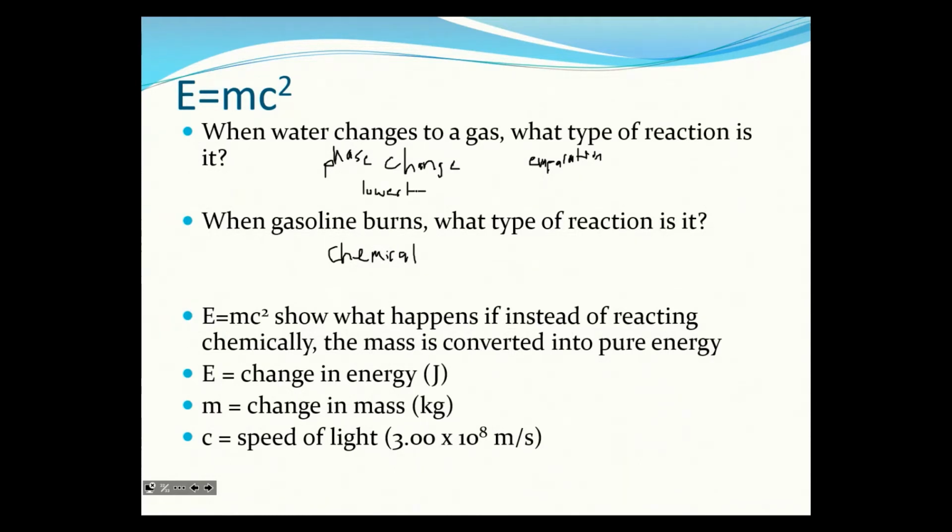Think of how much energy it takes to turn water into a gas. You leave a glass of water on a table and just the energy in the air can make that happen. Chemical is medium because it's the middle one, because, you know, burning something gives off a lot of energy, but E equals mc squared and nuclear energy gives off way, way, way more energy than either of these two.